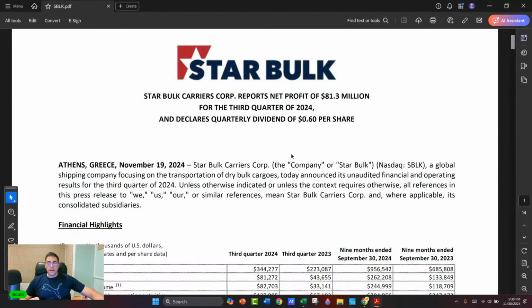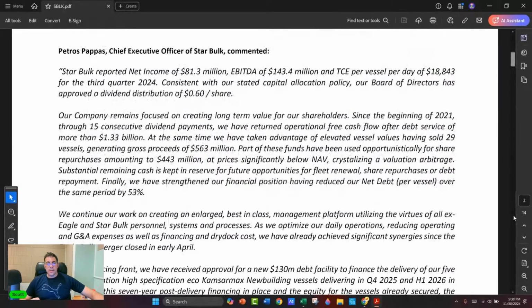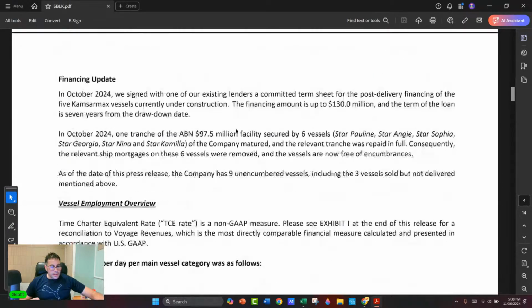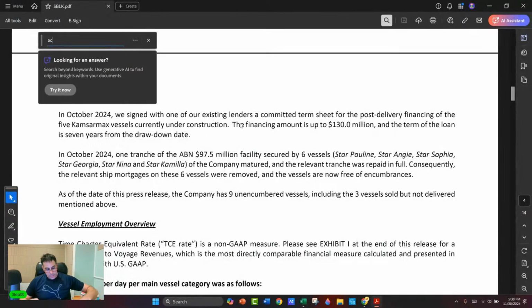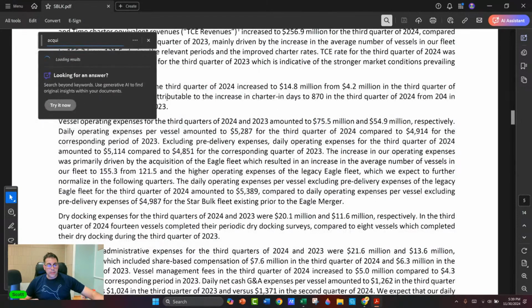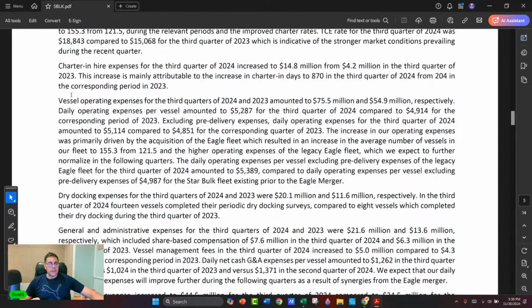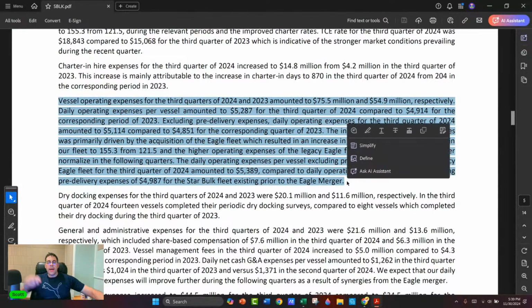So StarBulk, big dividend. They just acquired somebody. Eagle Fleet. They merged with Eagle Fleet, and that added like 50 vessels to their portfolio.